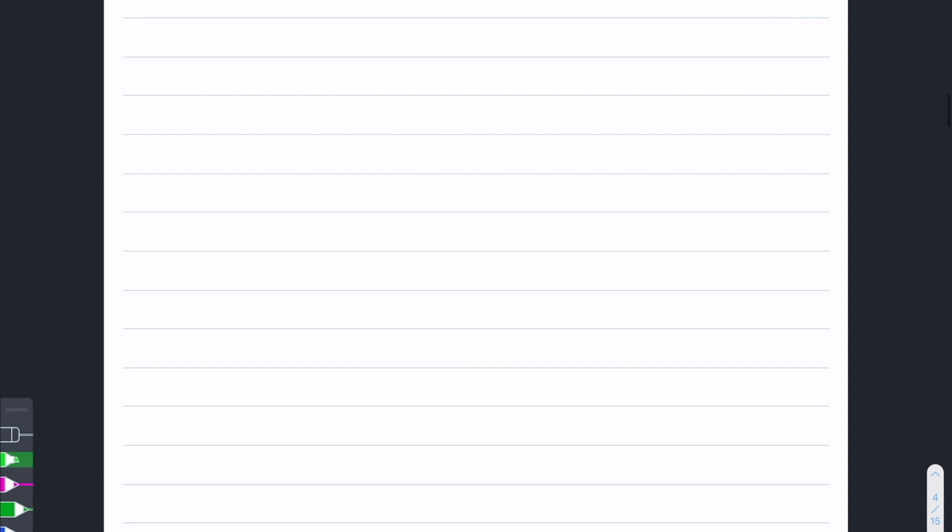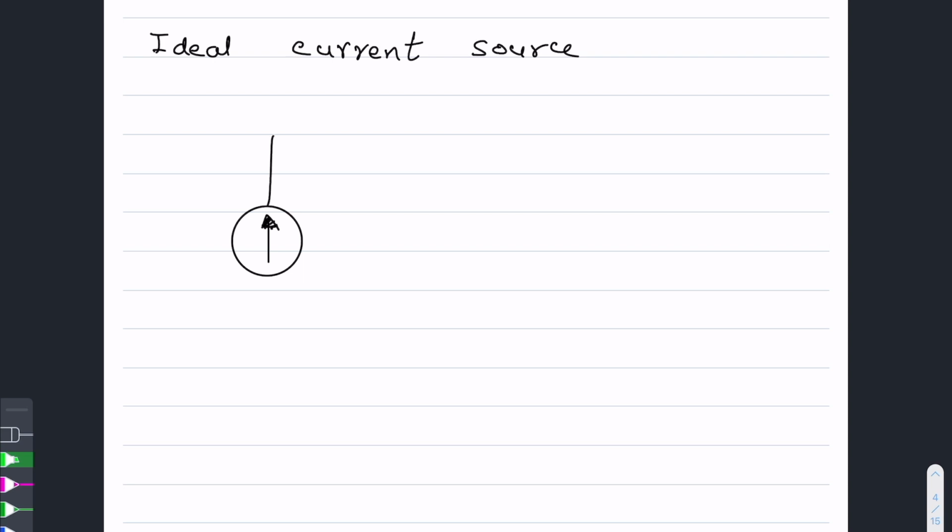Similarly, there's also the notion of an ideal current source. Now the symbol for this shows an arrow. Okay, an arrow pointing for a current source. Okay, an ideal current source.